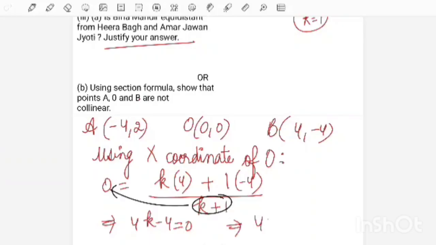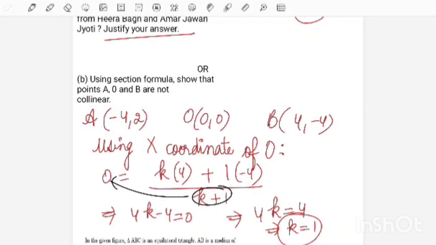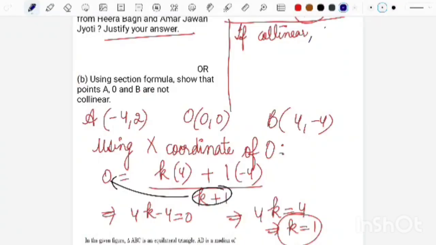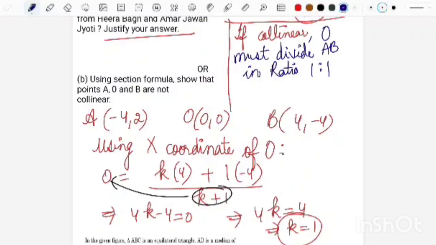So this implies 4k equals 4, which implies k equals 1. I am solving here for the next part. For collinear, what is the condition? If collinear, O must divide AB in ratio 1:1.